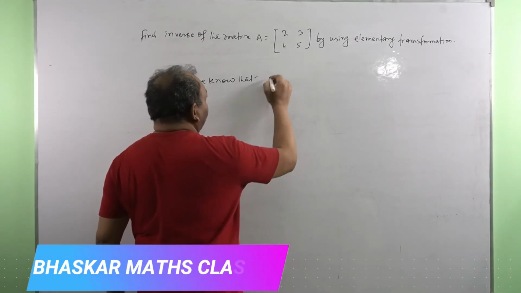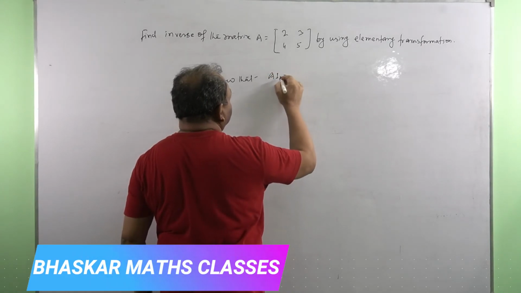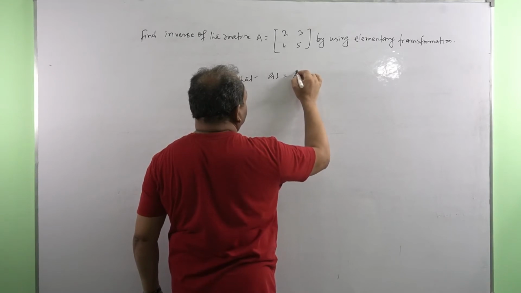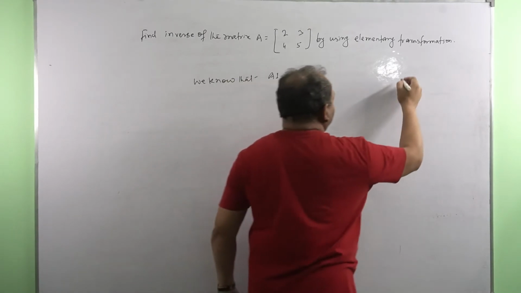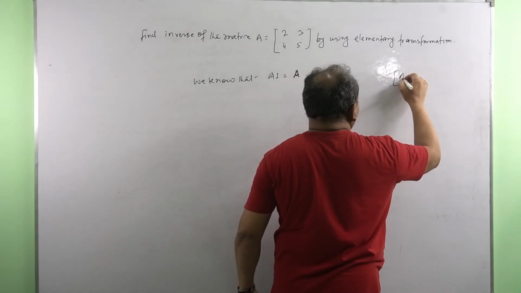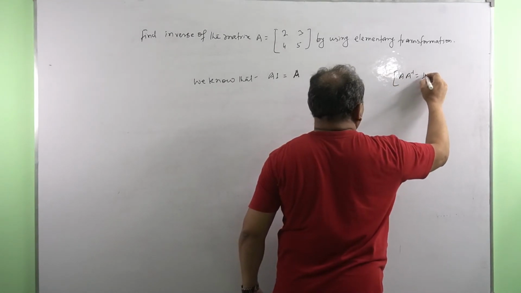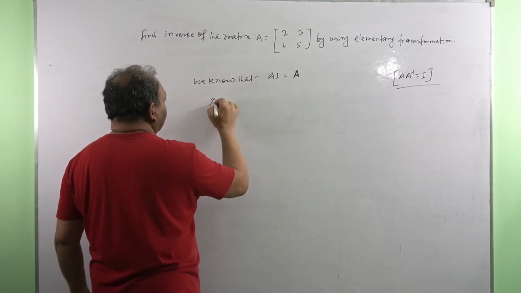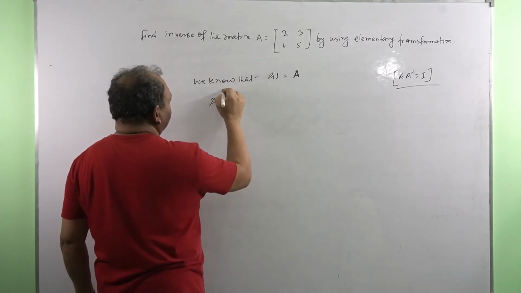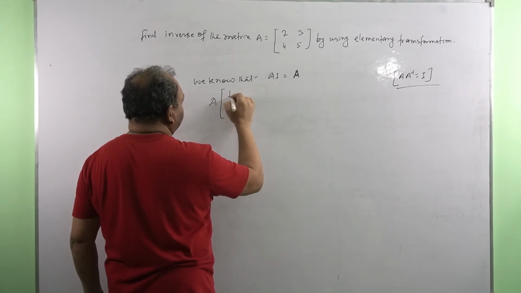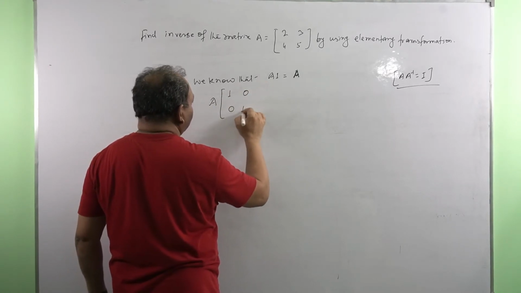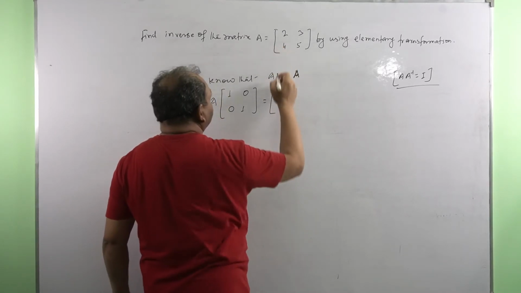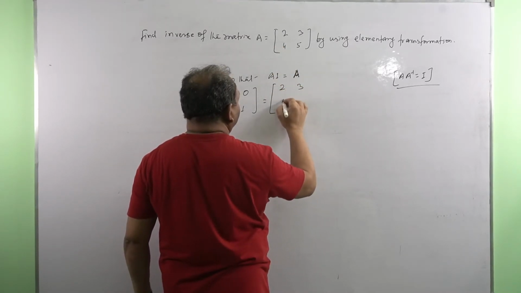We know that A into I, the identity matrix of the same order, is equal to A, and we also know that A into A inverse is equal to I. So write A on the left side and the identity matrix of the same order, [1, 0; 0, 1], on the right side, and the given matrix [2, 3; 4, 5].